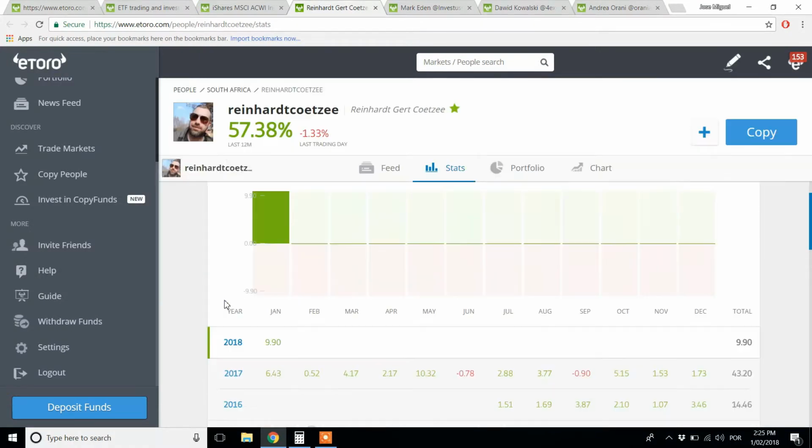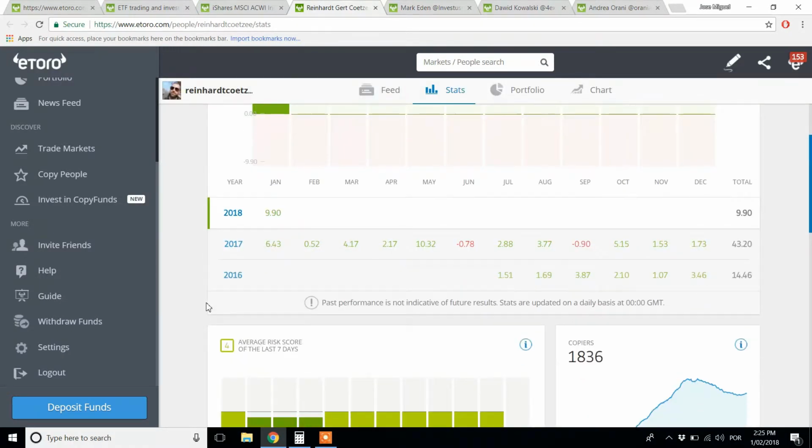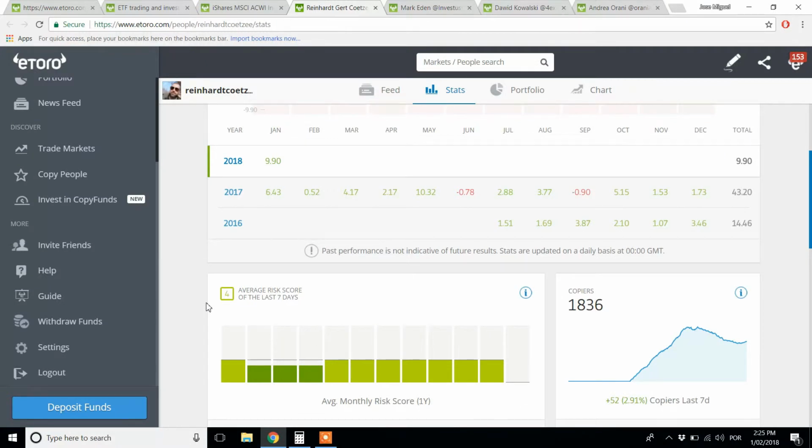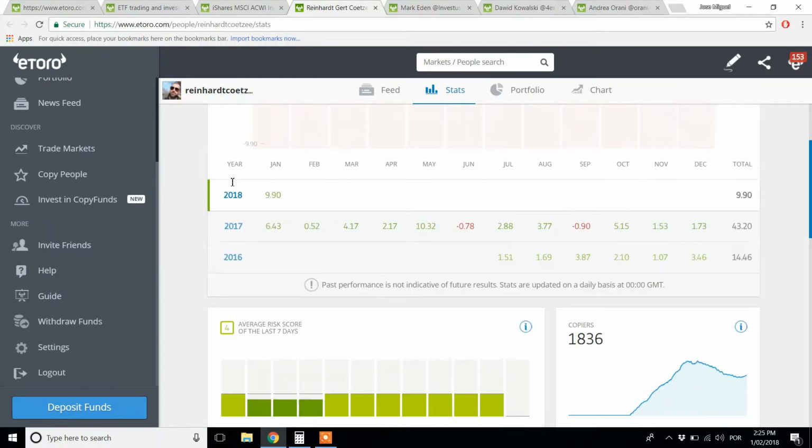I tend to prefer them to be 3 or less, but I could have one of the 4 traders with a risk score of 4. That would be fine. And you can see here that he's pretty stable, he doesn't have a lot of massive months in which he makes a lot of money or loses a lot of money.